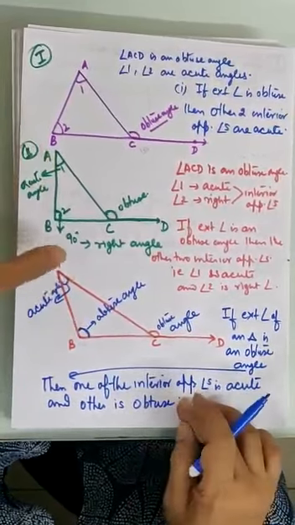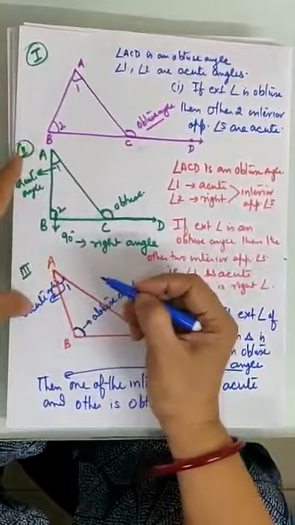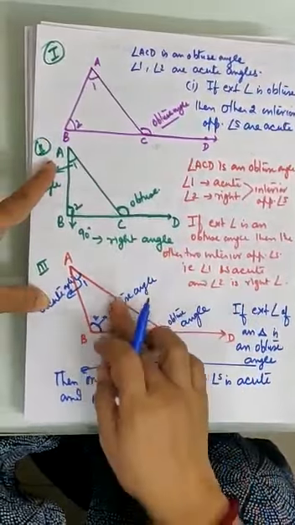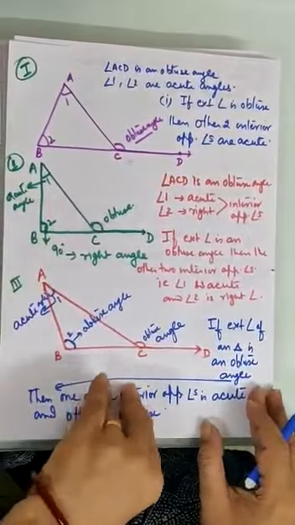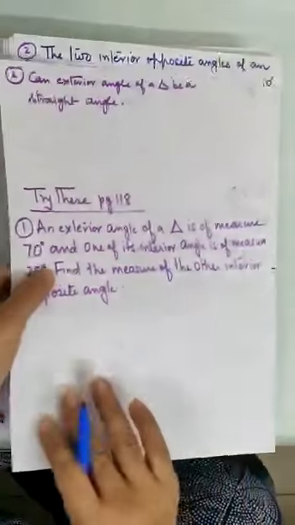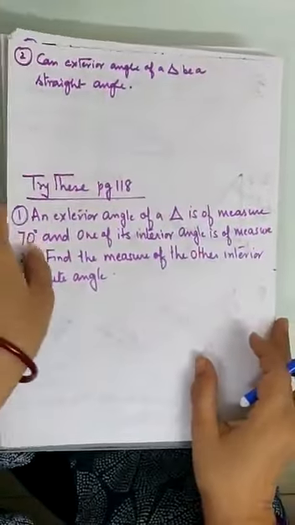Here I have not mentioned that angle 1 is an acute angle and angle 2 is an obtuse angle. All that I have not mentioned, I have stated directly. Is this clear? Now let us come to the next question.